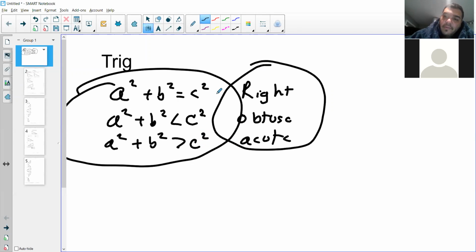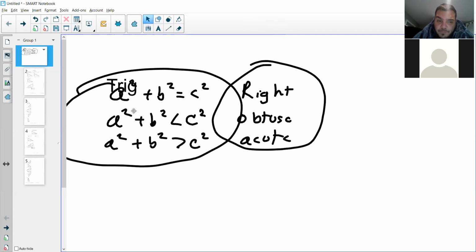It turns out there is some relationship between the sides of the triangle and the angles inside the triangle. And that relationship between the angles inside a triangle and the sides outside a triangle is called trigonometry, or trig for short.